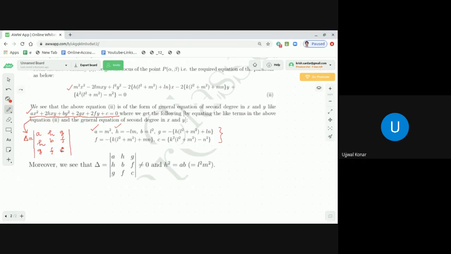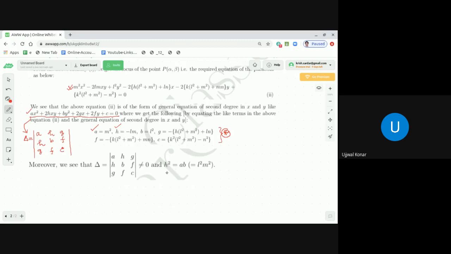Correct? That is the way to write it down. And if you find the value of delta with respect to this equation 2 by applying the values of A, B, C, F, G, H as you get them here, you will find that the determinant is not equal to 0.